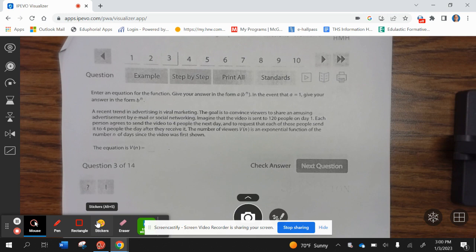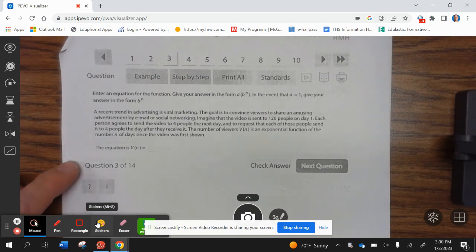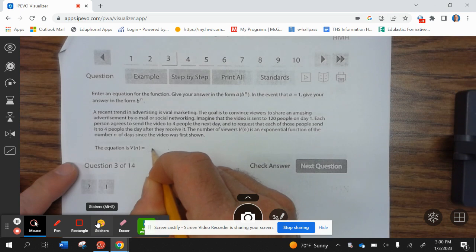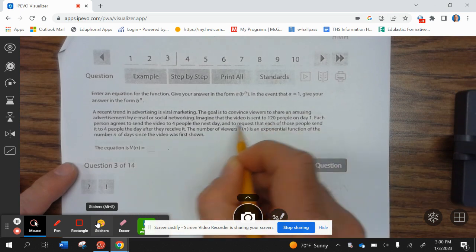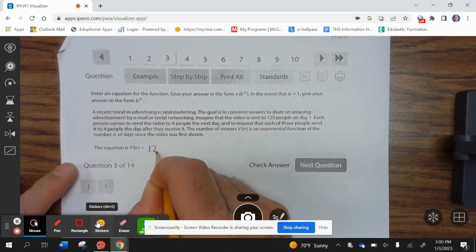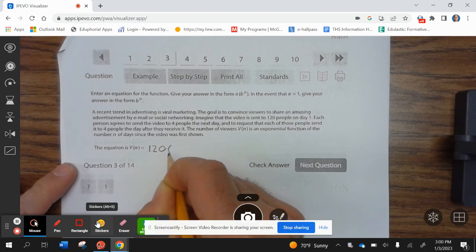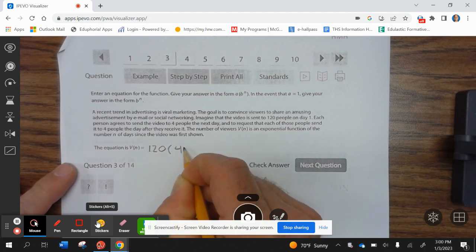Each person agrees to send the video to 4 people the next day, and to request that each of those people send it to another 4 people the day after. The number of views, v of n, is an exponential function of the number n of days since the video was sent. So for the equation, you start with the initial value, 120. The rate is 4, and that's to the n days.